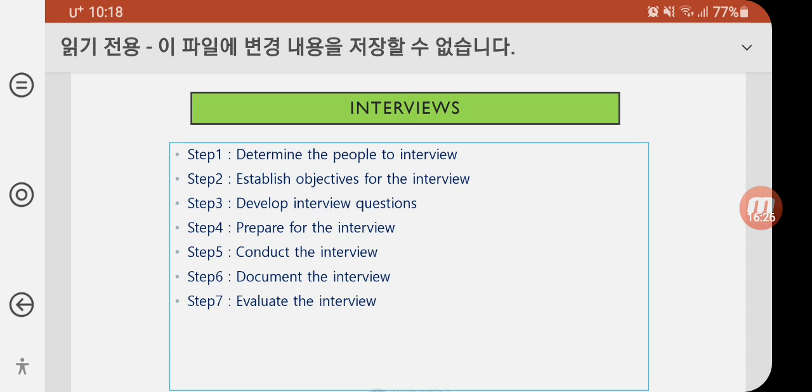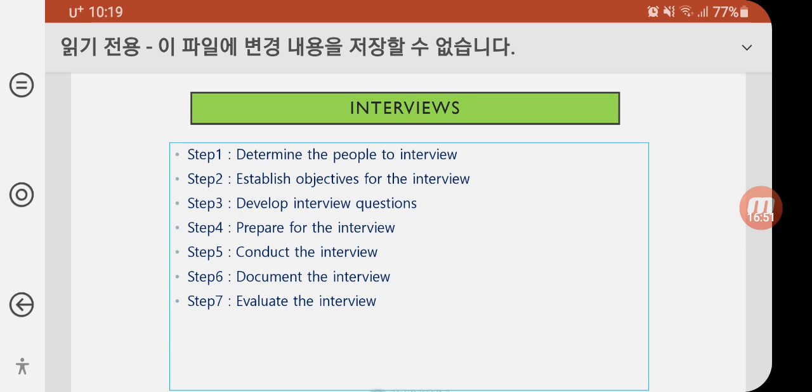Limit the interview to no more than 1 hour. Verify time, place, length, and topic via email. Ask the interviewee to have samples available.